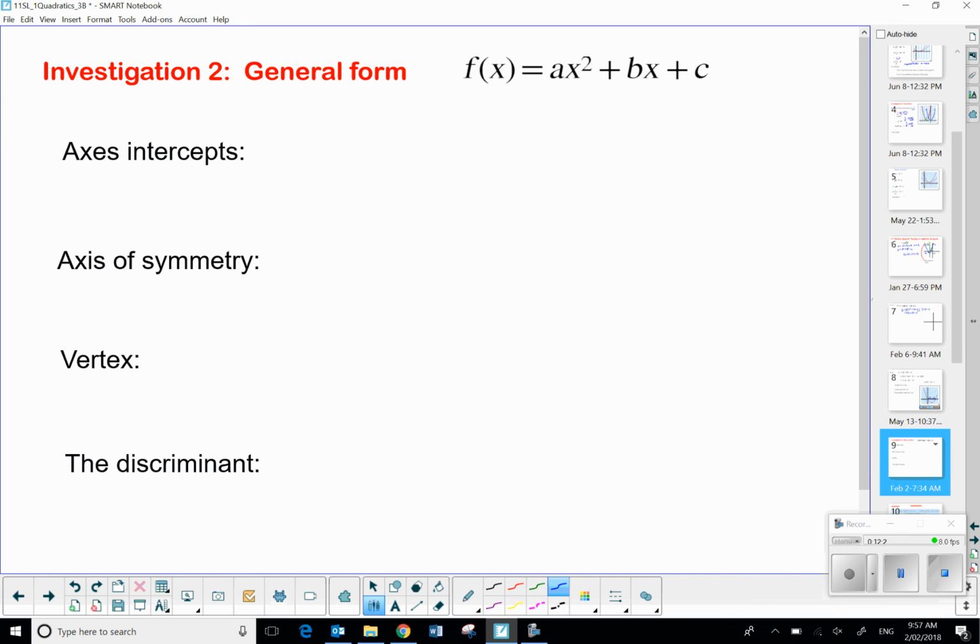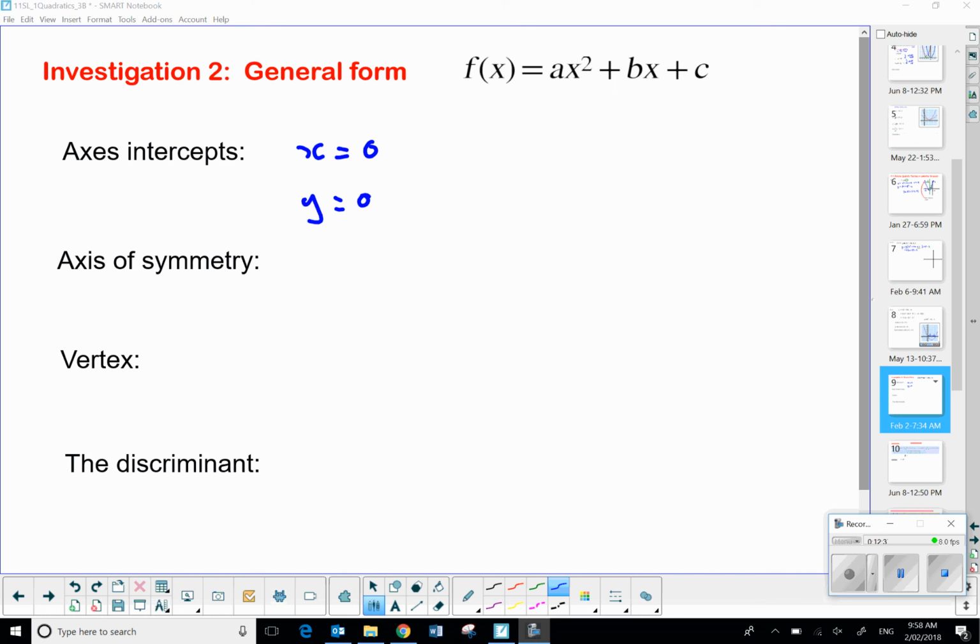The next part is looking at that general form. In the general form, you should be able to find your x-intercepts, from when x is 0 to get your y-intercept, and from y equals 0 to get your x-intercept. So remember, to get your axis of symmetry, now I'm not sure whether you've done this last year, but you may remember that it will be x equal to minus b over 2a.